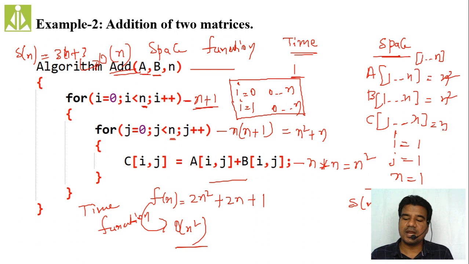So your space function will become 3n square plus 3, and my order will become order of n square. As I am using a two-dimensional array, my space complexity order is order of n square.